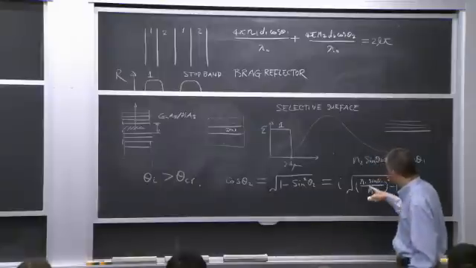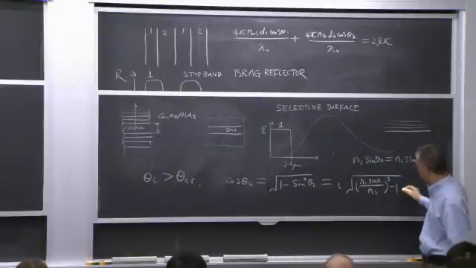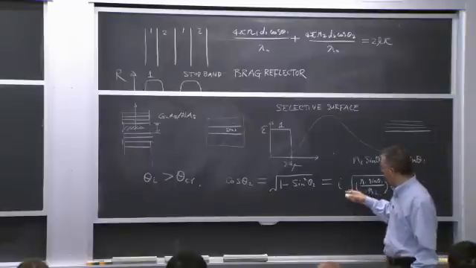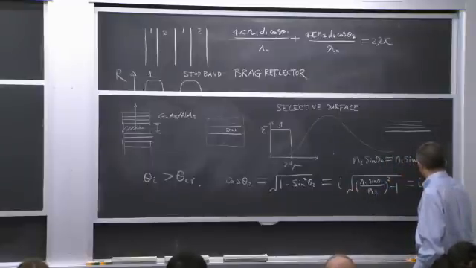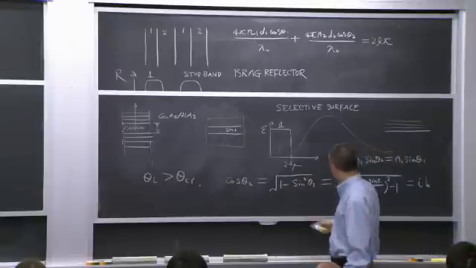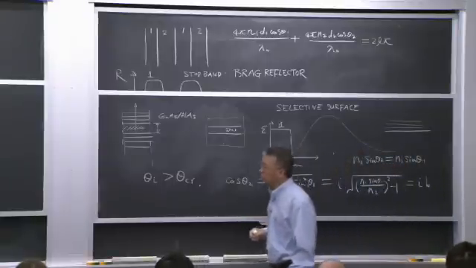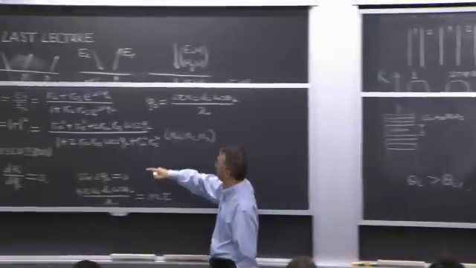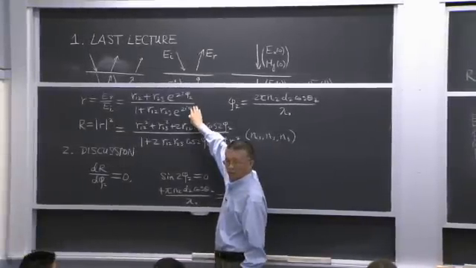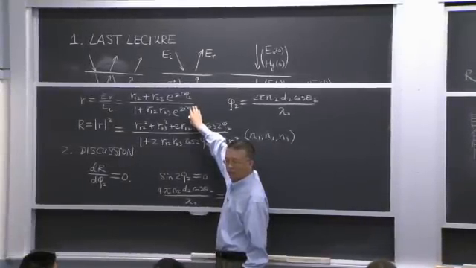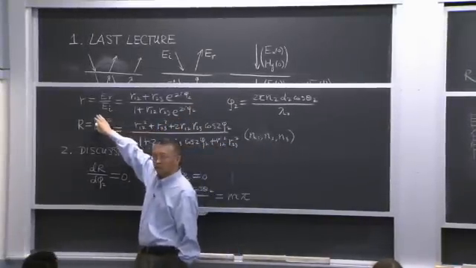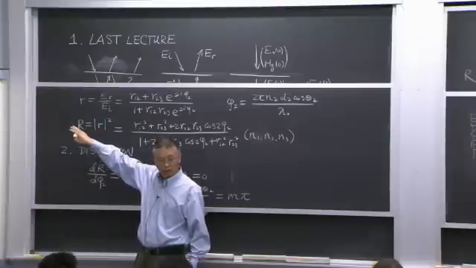What I write is n1 sine theta 1 over n2 squared minus 1. This now becomes a real number, and my cosine theta 2 is an imaginary number. If I substitute this imaginary number into here, now my reflectance is no longer 1.